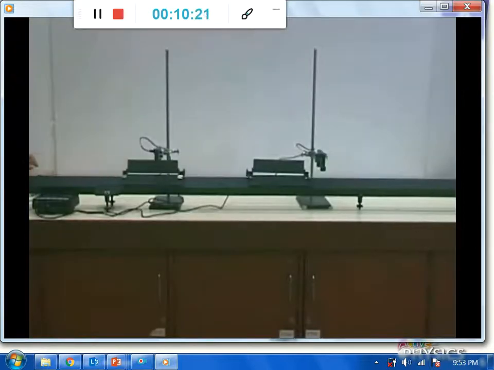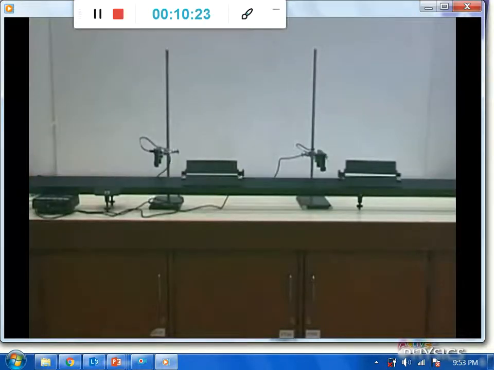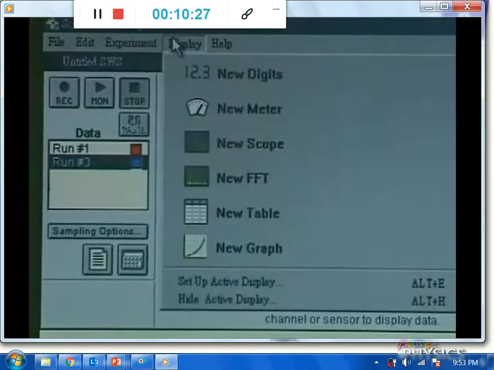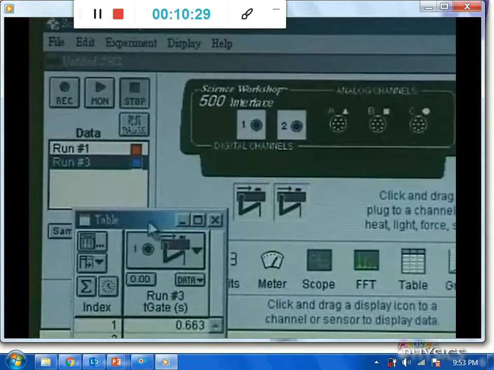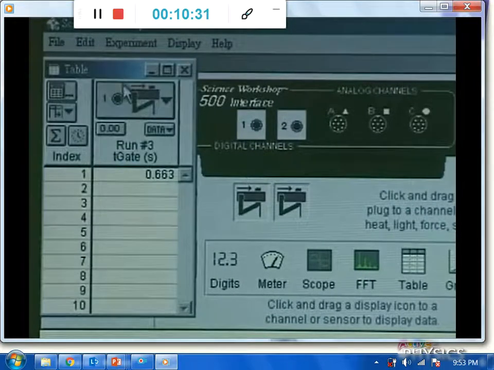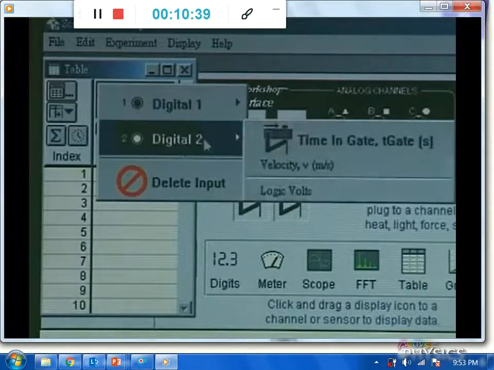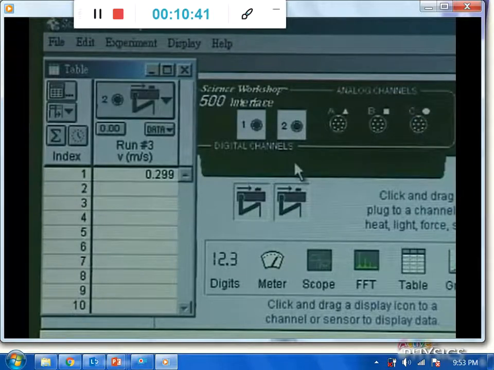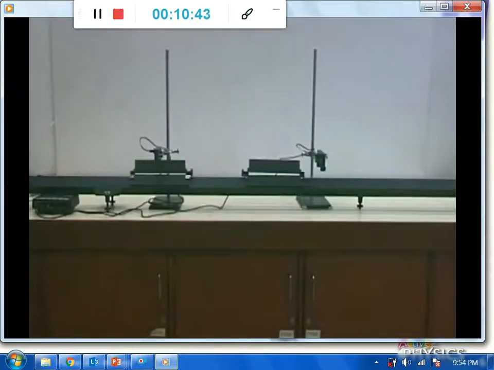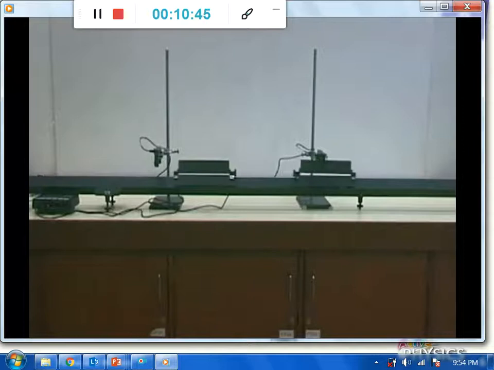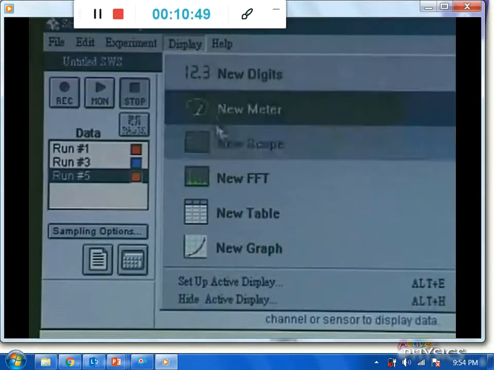Repeat by making riders collide with various initial velocities. In each case, compare the sum of momentum of the riders before the collision with that after the collision. Are the two values always equal?